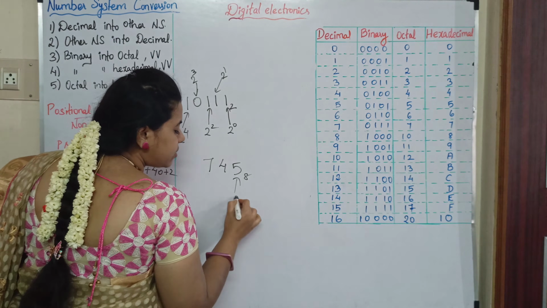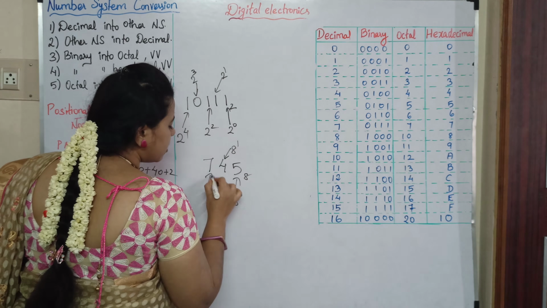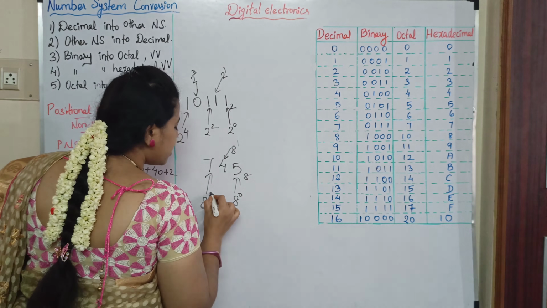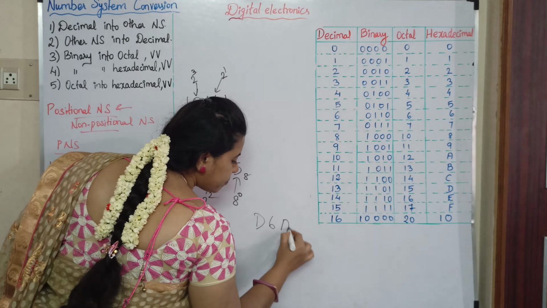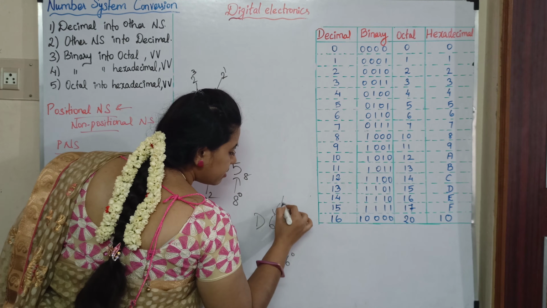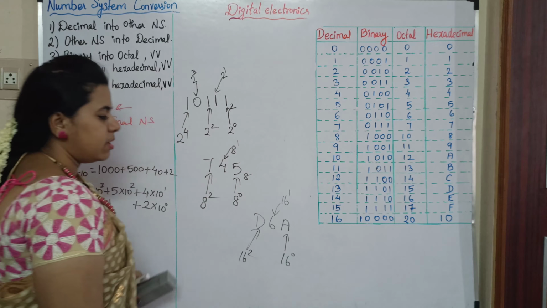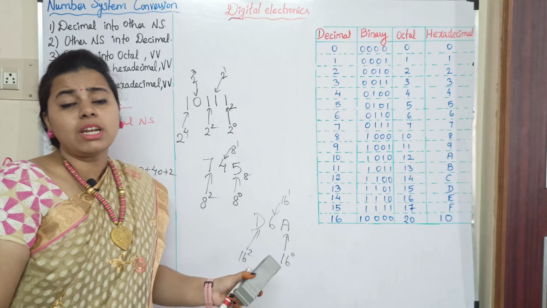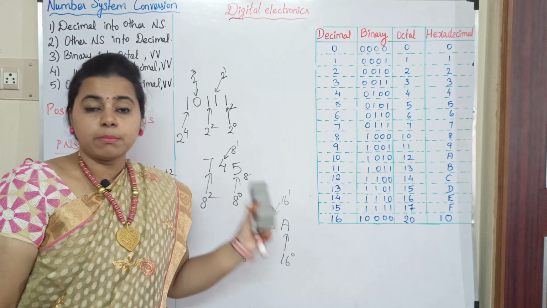It has the weightage 8 to the power 0, 8 to the power 1 and here 8 to the power 2. And for hexadecimal, the weightage for this position is 16 to the power 0, here 16 to the power 1 and here 16 to the power 2. So like that, in positional number system each digit is weighed according to its position.